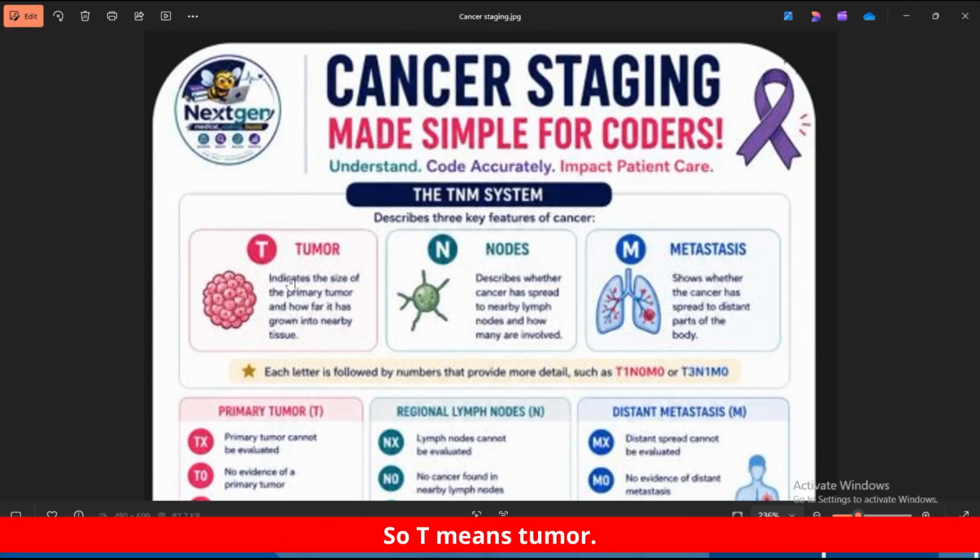So T means tumor: the first place or primary location where the tumor or cancer starts. N means nodes. Here we need to check whether the primary cancer has spread to any lymph nodes. For example, if it is breast, we check for axillary lymph nodes.